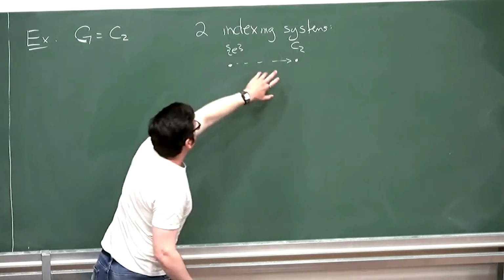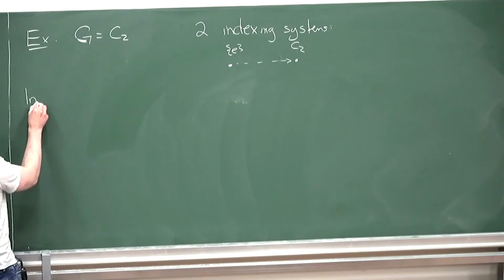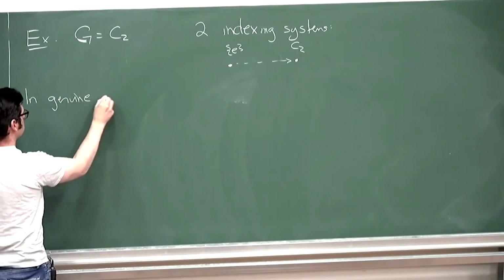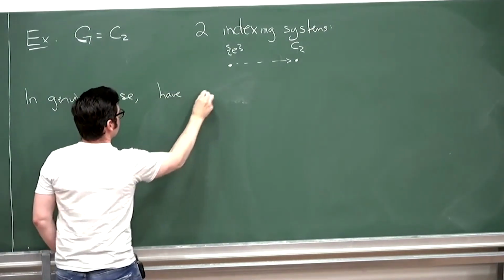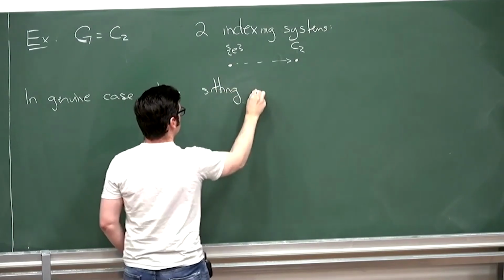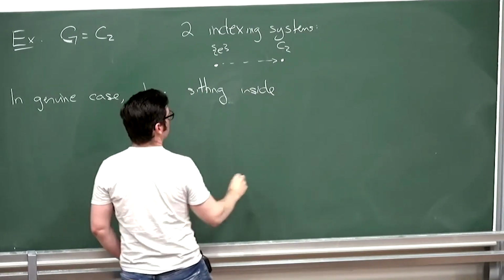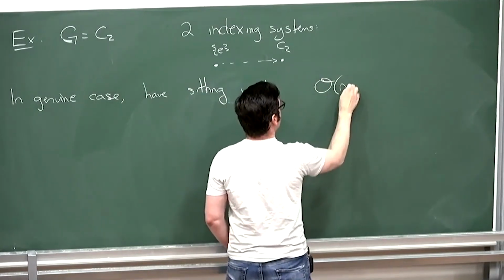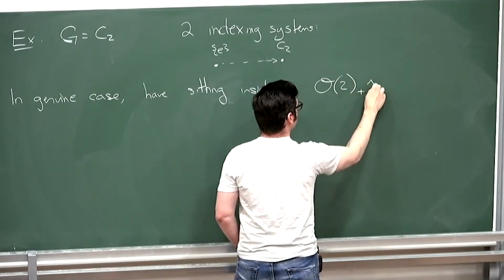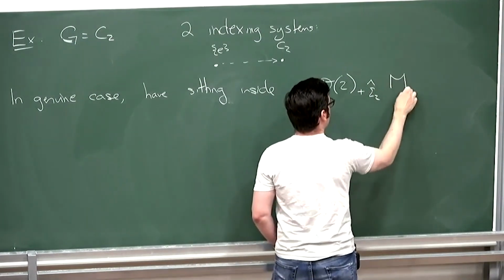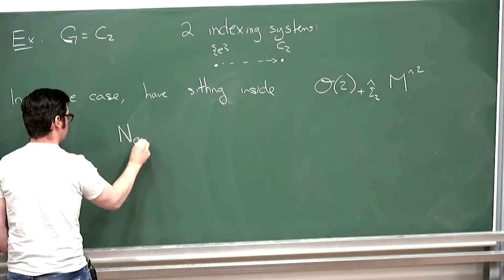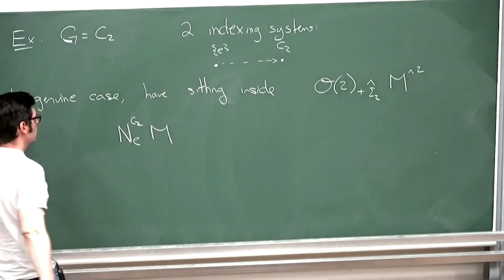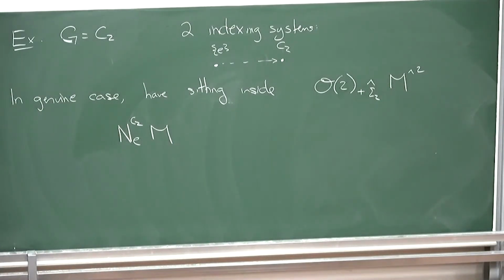And when I have the arrow, so in the genuine case, then sitting inside O2 plus smash over sigma 2 of m smash squared, we have a copy of the norm, which also looks like the smash square, but I'm doing a different group action.